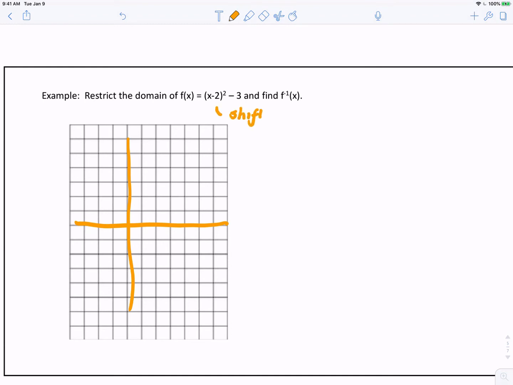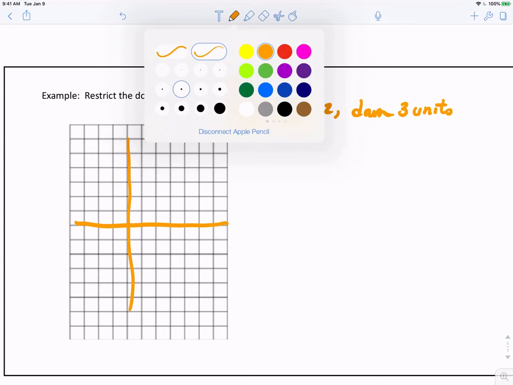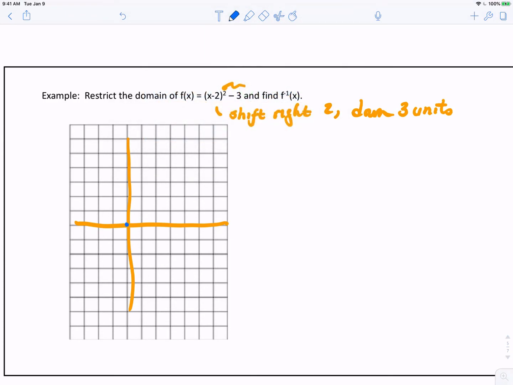It's been shifted right 2 units, and then it's been shifted down 3 units. So let's sketch what that parabola would look like. From 0, 0, where the vertex usually is, we're going to go right 2 and down 3. So this is the new vertex.